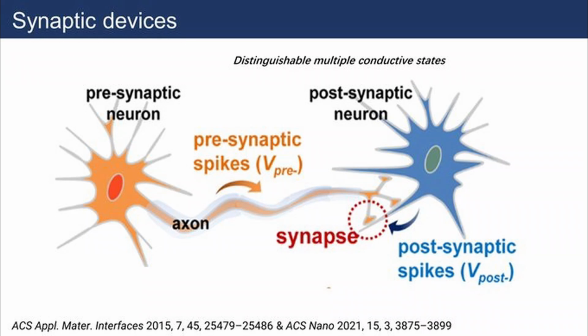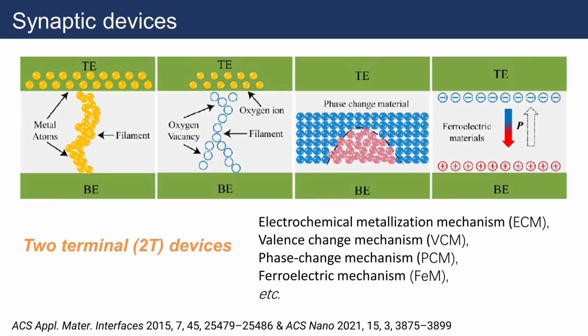In the work that we will discuss later, we mainly focus on the synapse, or you can call it the synaptic device. From a device point of view, in order to fabricate a synaptic device, there are typically two types. From the structural point of view, there are two types.